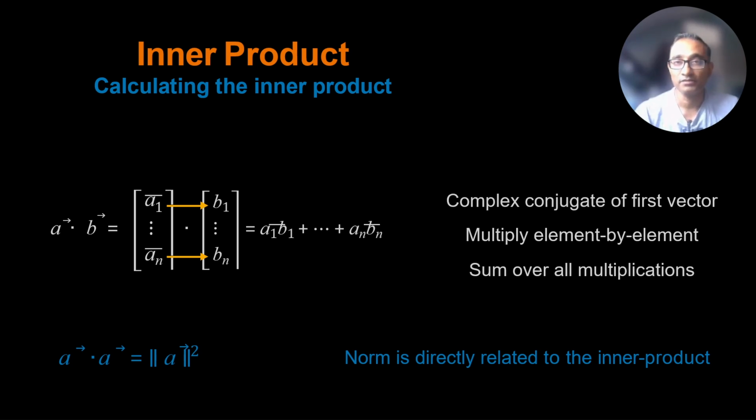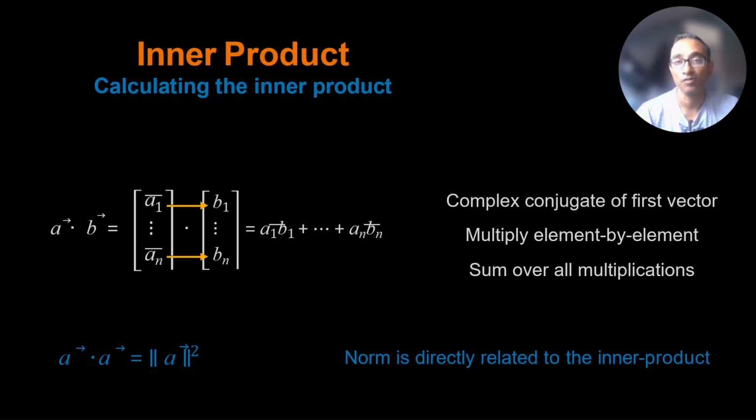How to calculate the inner product of two vectors? Given two vectors A and B, calculate the complex conjugate of the first vector, in this case A, denoted by A bar. How to calculate the complex conjugate is defined in the previous video, so I do recommend watching those videos in the series.